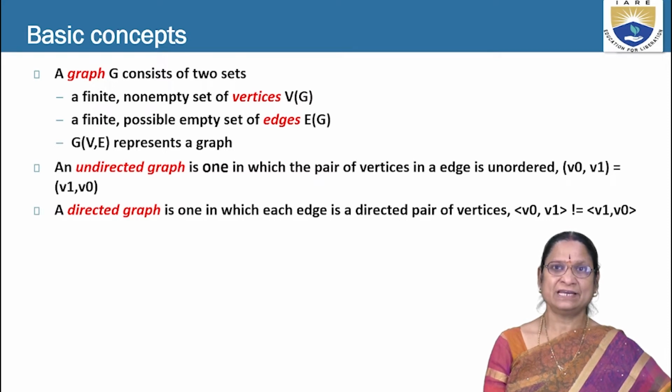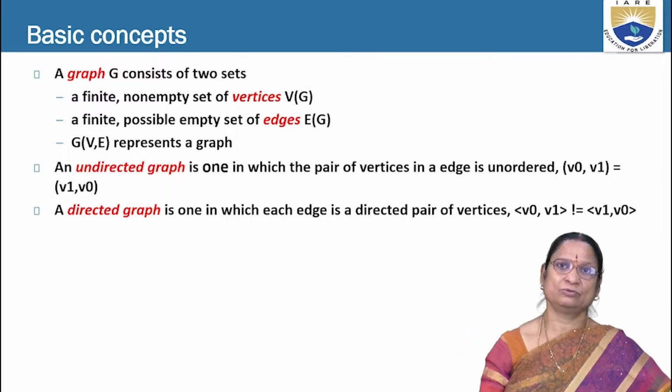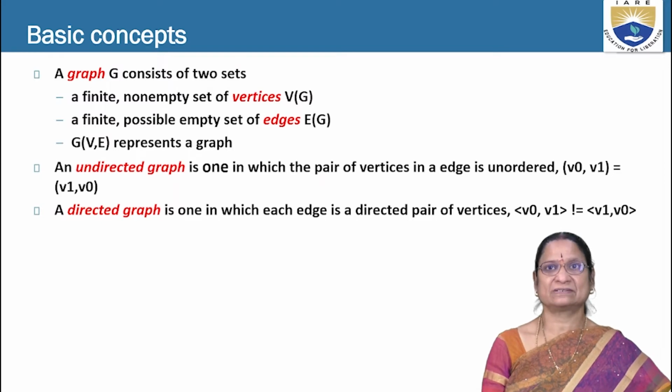Graph is a nonlinear data structure and multiple applications are there in our real-time scenario. A graph has a mathematical definition consisting of two finite sets. One set represents a non-empty set of vertices and the other a finite, and possibly sometimes empty, set of edges.